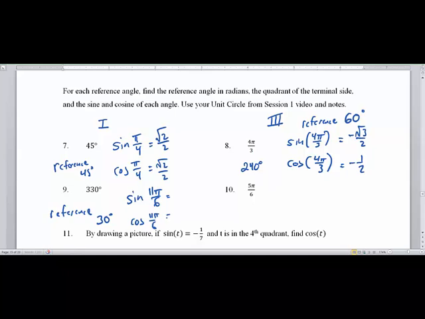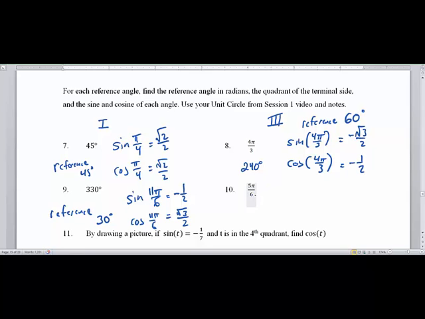Alright, if I look at 11 pi over 6, I've got my beautiful cheat sheet in front of me, the worksheet that we created at the end of session 1. That 11 pi over 6 is going to give me a y value of negative 1/2 and an x value of square root of 3 over 2, because the x value is positive in the fourth quadrant.